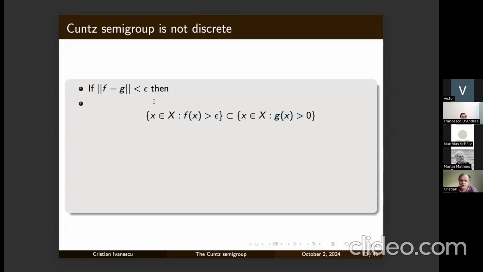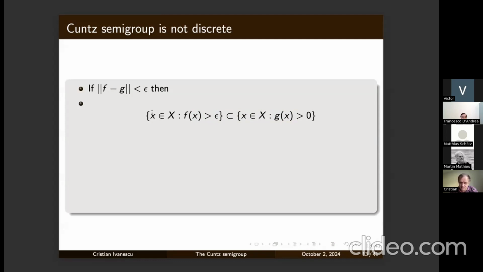So if you pay attention, indeed, if F is greater than epsilon, because I'm working with a supremum norm, G cannot be negative. So whenever X is such that f of X is greater than epsilon, then because I'm using the supremum norm, F minus G cannot be negative, or 0, because then I'm getting equality here.